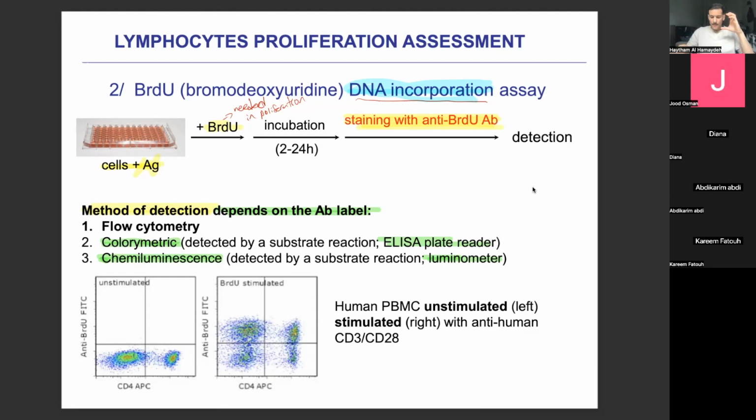Now we add a primary antibody to the BrdU DNA complex. This primary antibody just binds to BrdU. That's all its function. And then we add a secondary antibody, but it's labeled with a fluorescent body.